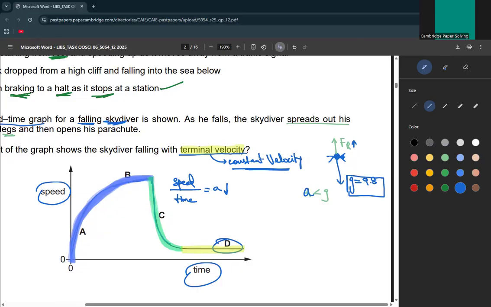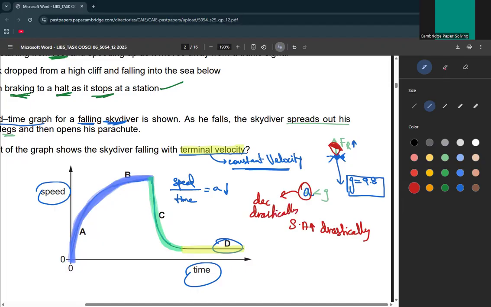But when the skydiver opens the parachute, what happens? The surface area increases drastically, due to which the acceleration decreases drastically.